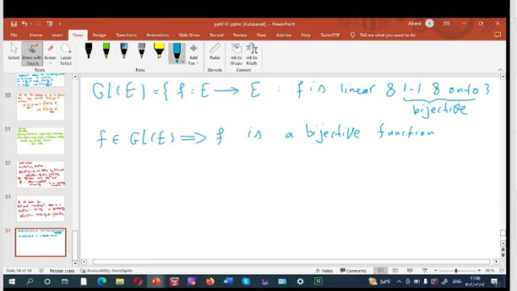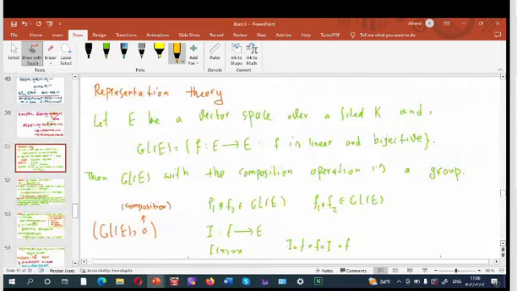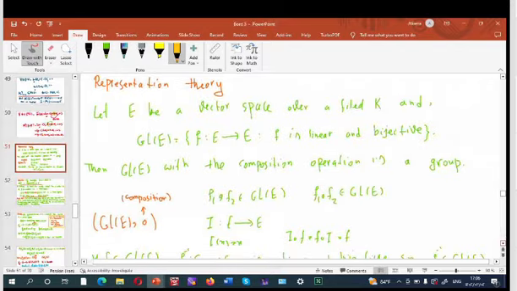so there exists an inverse from E to E such that f o f inverse equals f inverse o f equals the identity function on E. And our operation in this group is composition of functions, okay?